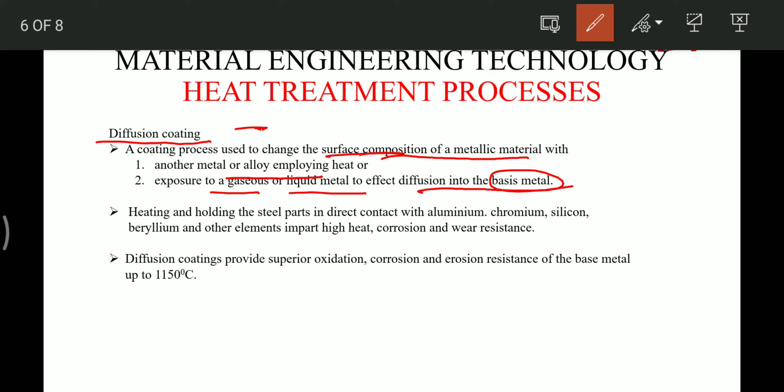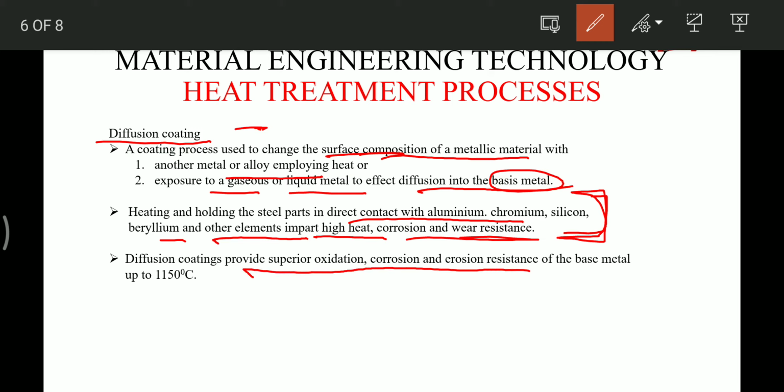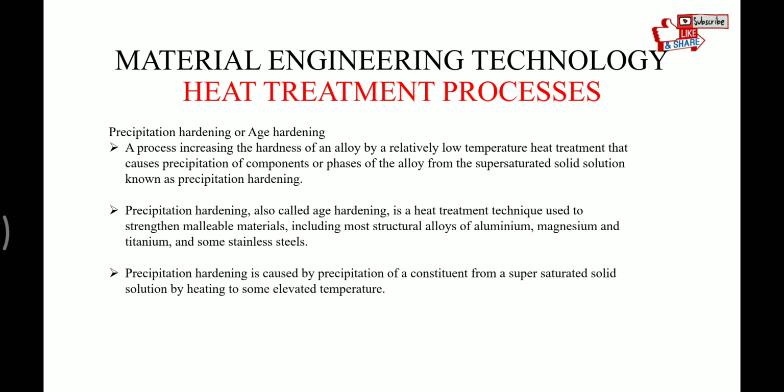So this diffusion coating on the surface is done by heating and holding the steel parts in direct contact with aluminium, chromium, silicon, barium, and other elements, which imparts high heat resistance, corrosion, and wear resistance. So basically this is the alloying process of the surface, only surface. The diffusion coating provides superior oxidation, corrosion, and erosion resistance to base metal up to 1150 degrees Celsius.